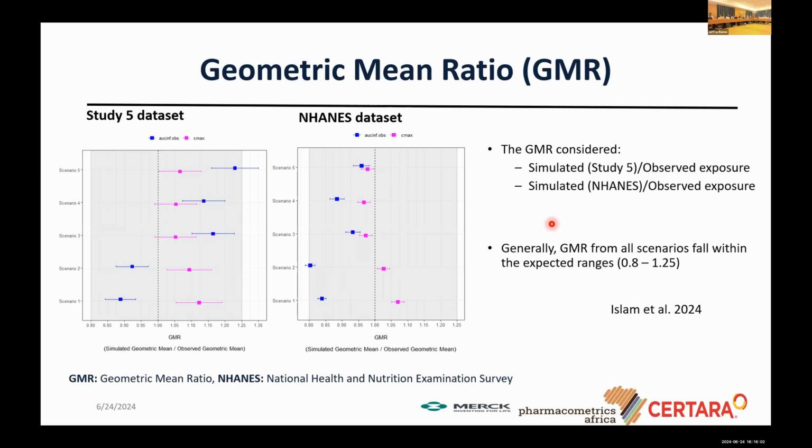Then we compared the exposure using the AUC and the Cmax, and they all fit within the range, supporting our reference study that virtual control populations can be used to replace the healthy participants in the PK study of organ impairment participants.